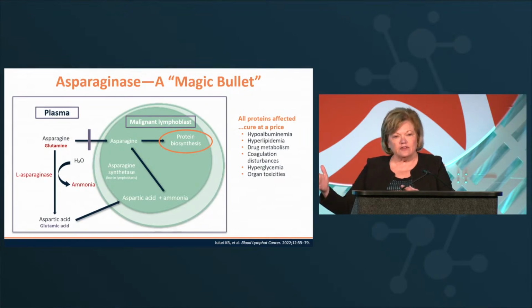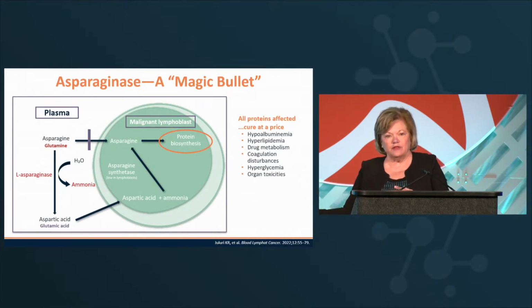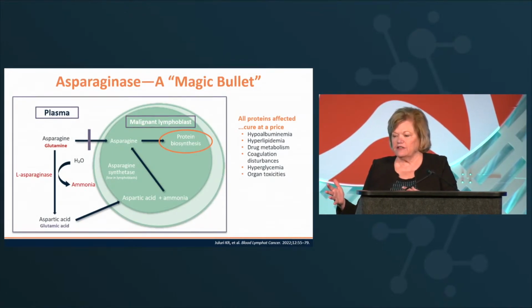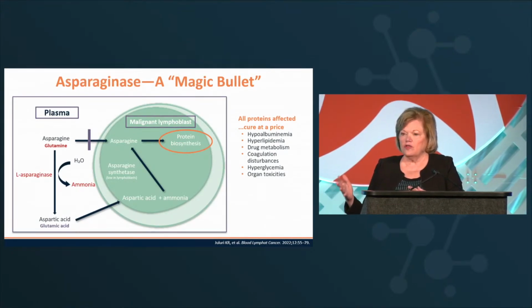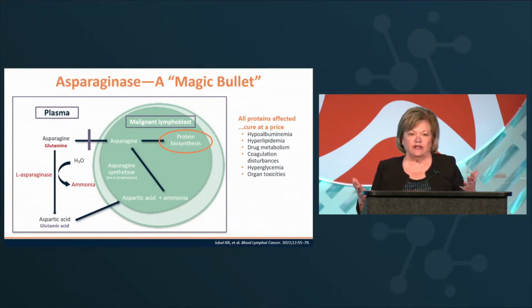So cascading from this, we block the protein synthesis, so all the proteins are affected at a price. And that's what we see happen in our patients, because they've got predominantly all lymphoblasts when they're getting treated in induction for their ALL.